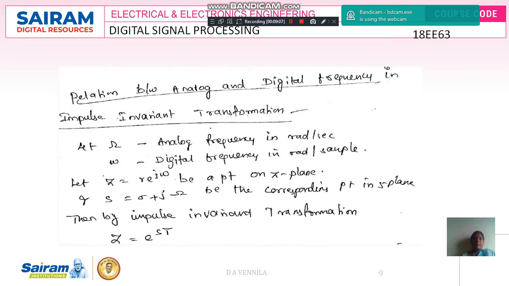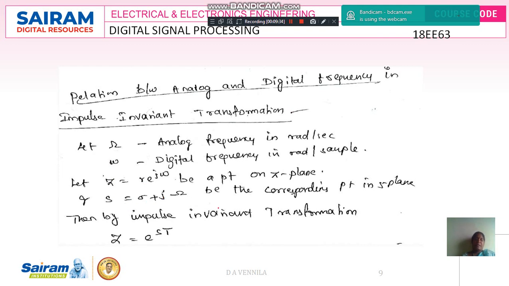Now we will see the relationship for the impulse invariant technique. This we will discuss in the next class. First, what are the parameters we have to choose? The relationship between analog and digital frequency. This is your analog frequency, and this is your digital frequency, where z equals r into e power j omega and s equals sigma plus j omega.